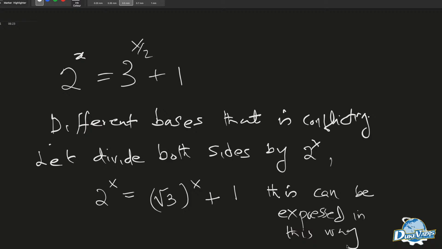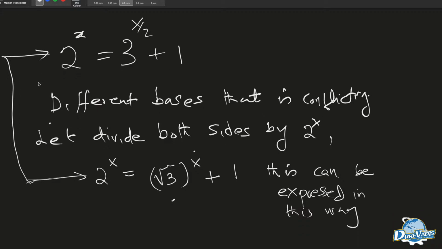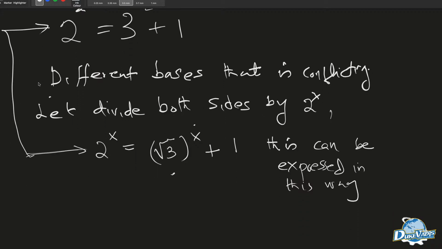As you can see, we have decided to make it the square root of 3 all raised to the power x, because the exponent of 3, which is half, when you multiply by this x, we have the same equation. As you can see, this is the same as this. Very, very simple.